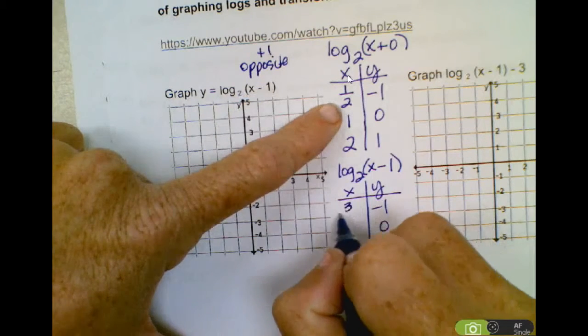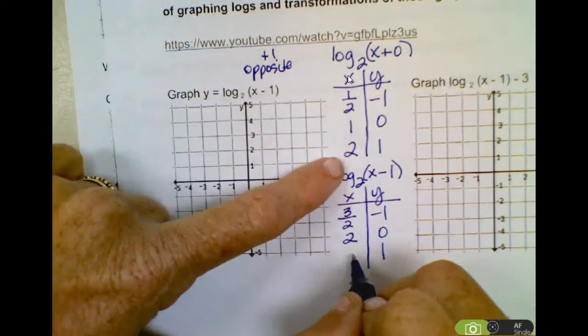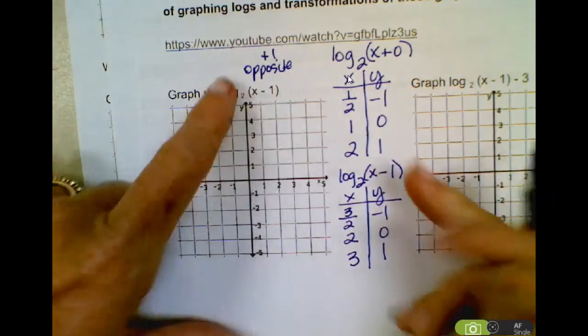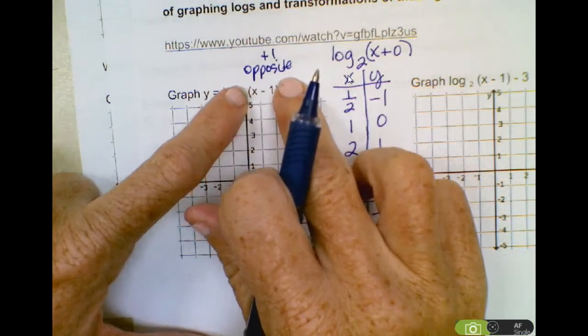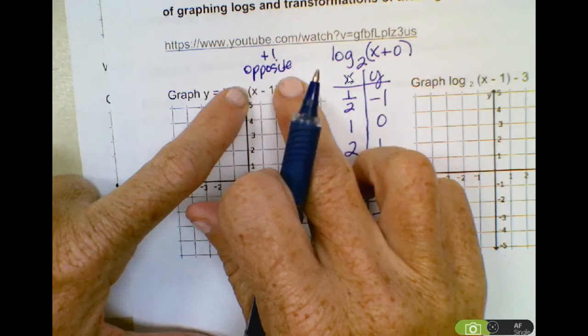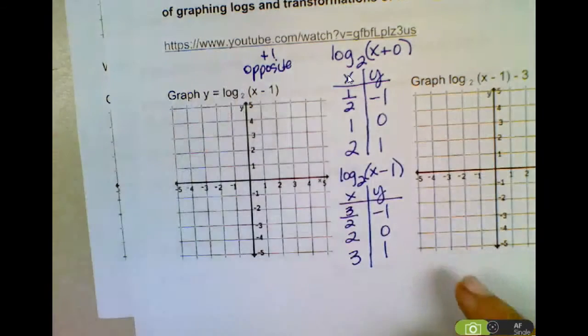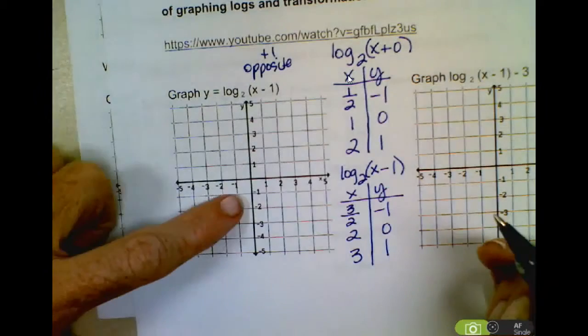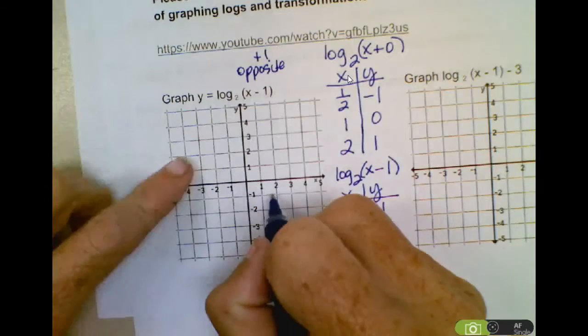So that would be 3/2, 2, and 3. I just increased each of these by 1. My goal is to get whatever that value is within the parentheses just to be x. In order to do that, I have to add 1 to all of my x values. So this would then be 3/2, -1.